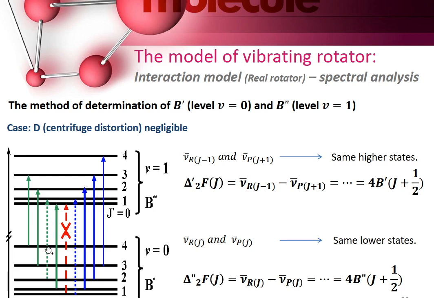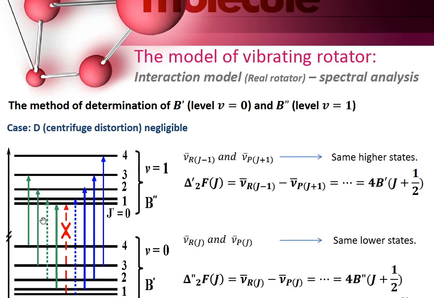Now notice the dashed lines. You can notice here that the two lines, one on the side of the poor band and one on the side of the rich band, both land in the transition on the same final level, which is in this case J equal 1, right?